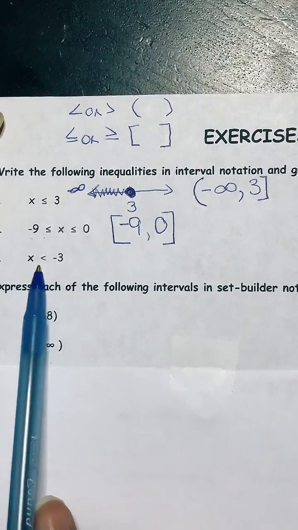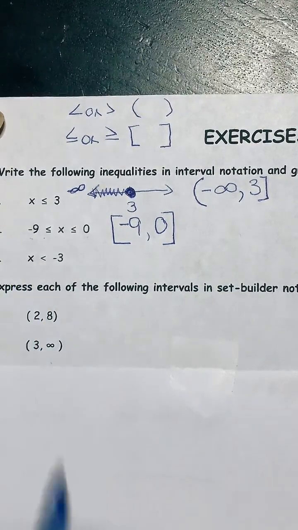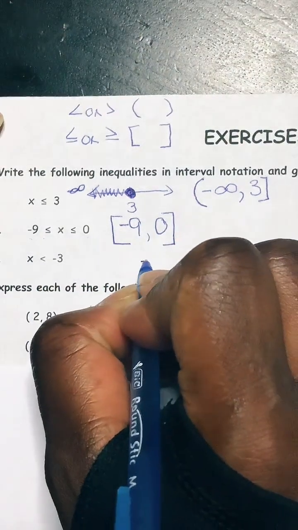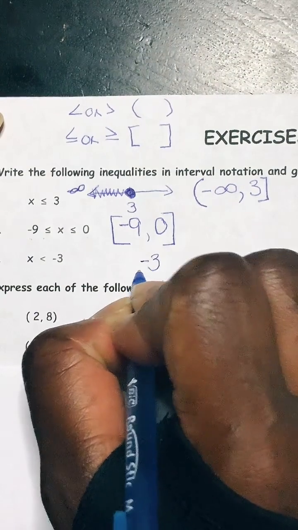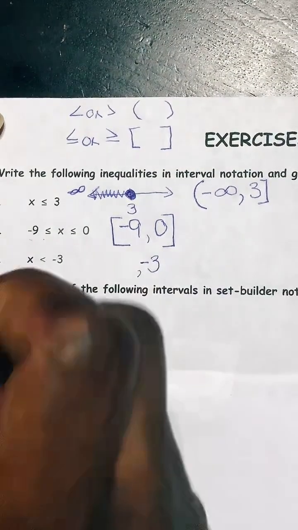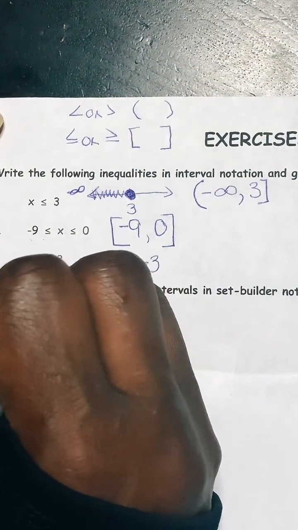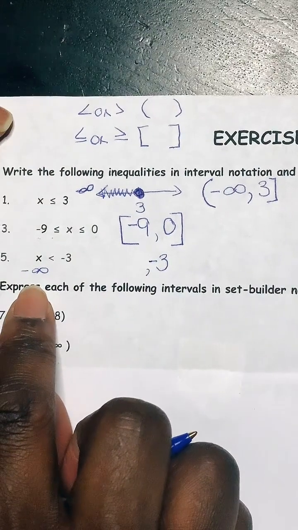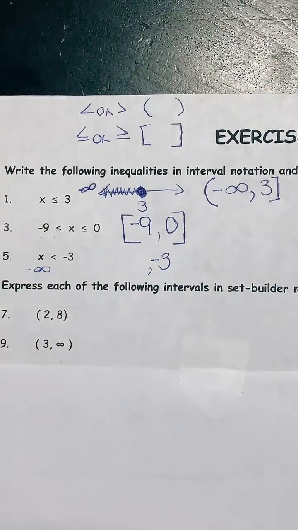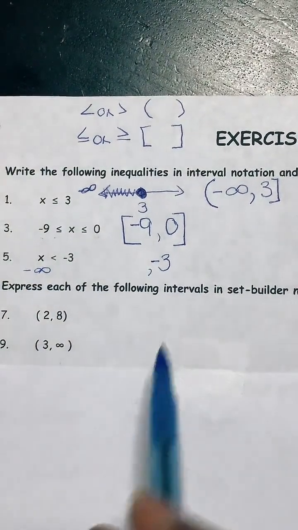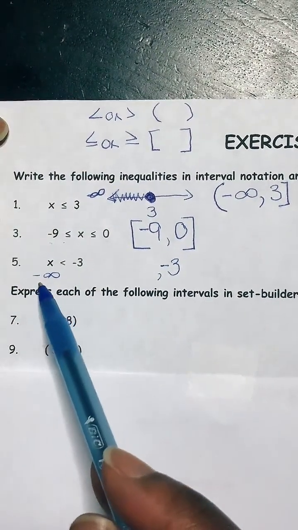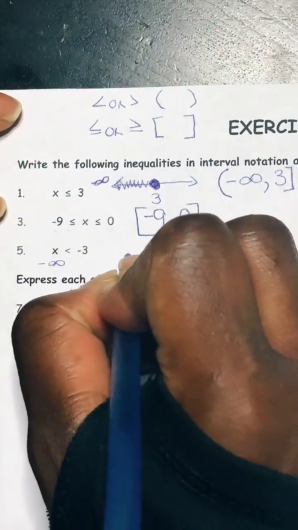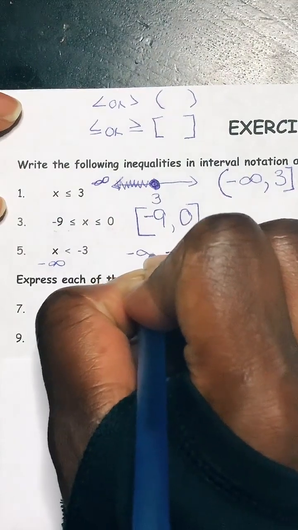It's starting at the -3, but since it's less than, it's going all the way to -infinity. Yes. Since we're going to the left, it's going to be -infinity. So that's going to be our lowest number, which is -infinity.